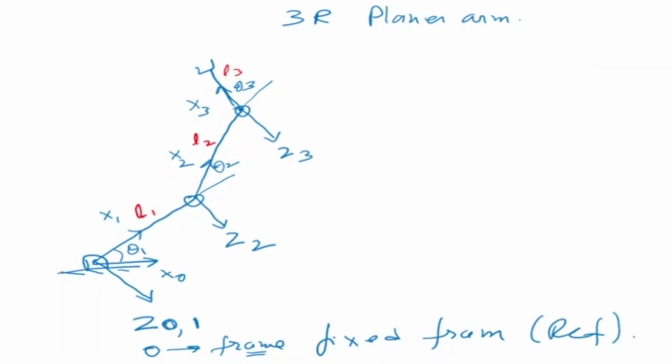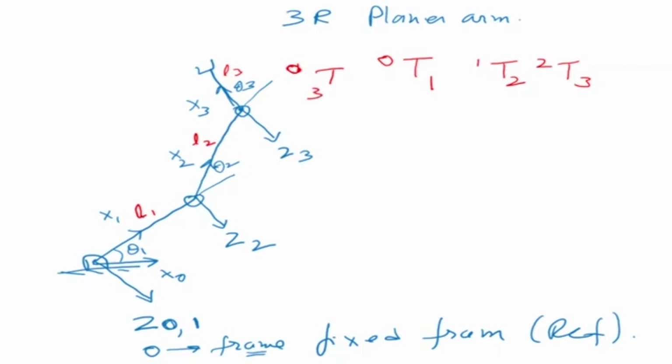Now what we are trying to do is find the relation of the third frame with reference to the 0 frame. So I am going to find T0 to 1, then T1 to 2, then T2 to 3. If I multiply all of them out, I get T0 to 3.